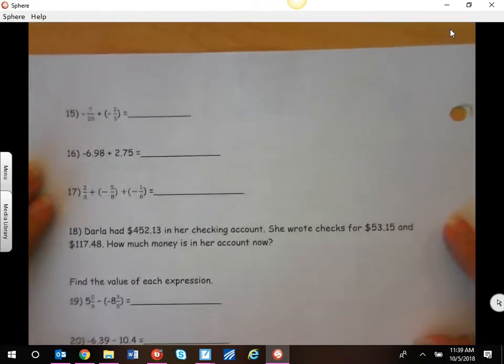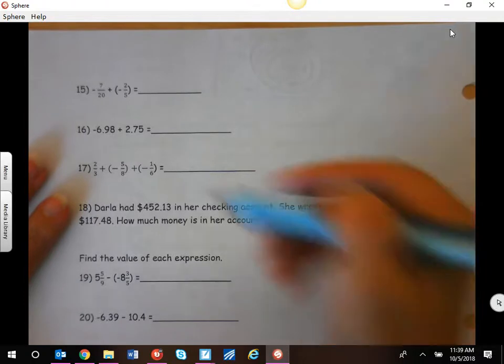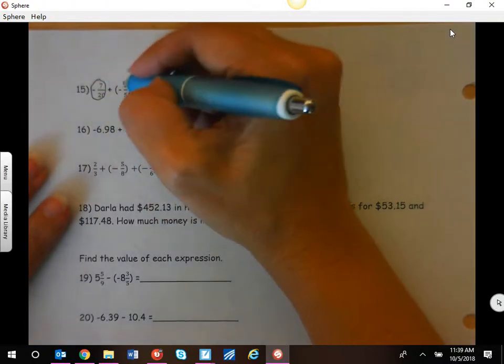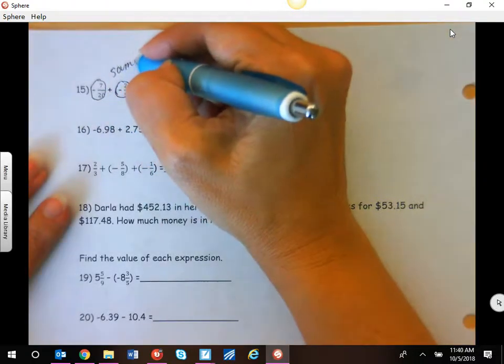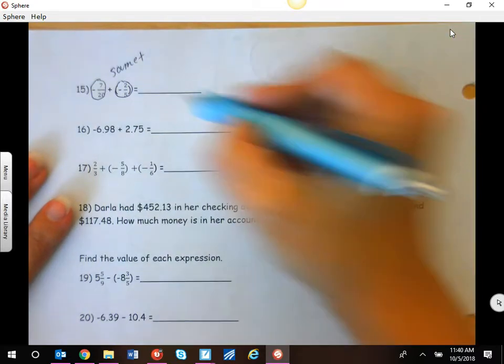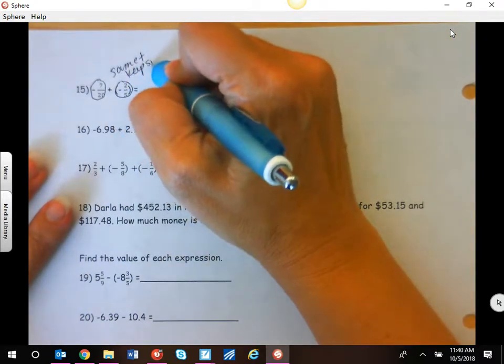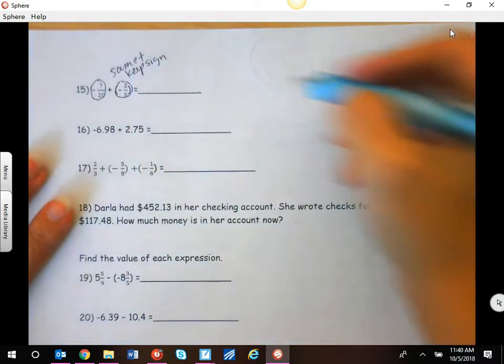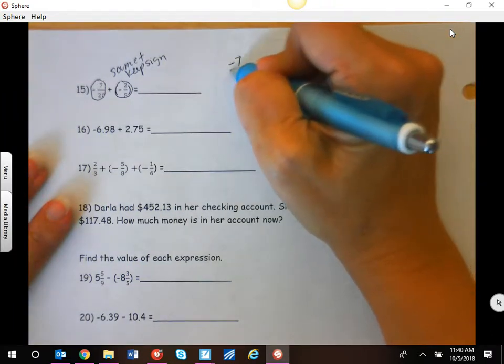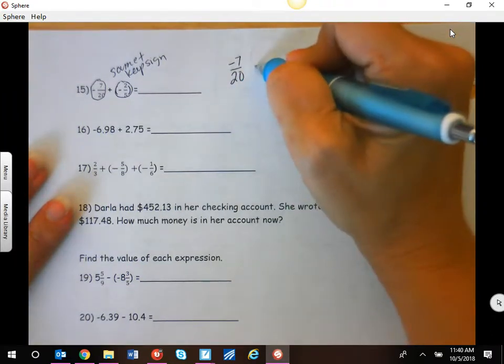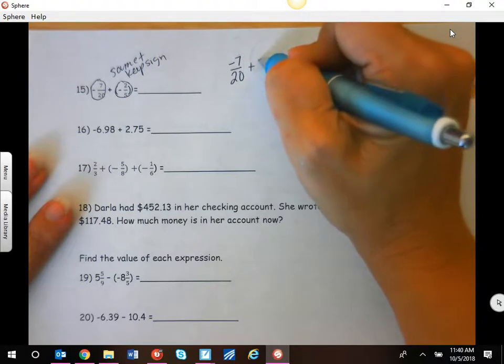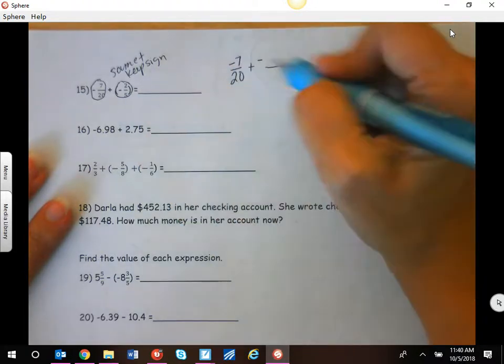On the back, okay, these were the same, so we need to add and keep the sign. They do not have a common denominator. Common denominator would be 20. Make sure you keep the negative on this second one.